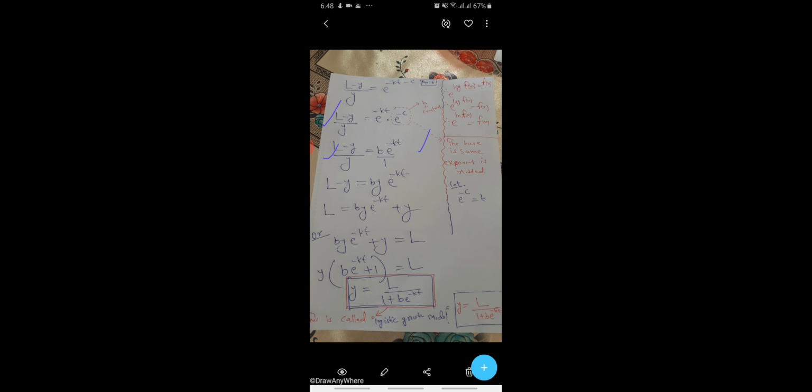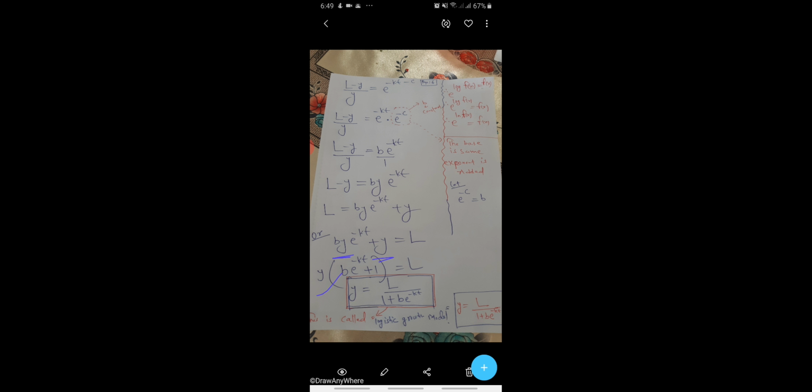Now cross multiplication: this y will go to this side, and it becomes b e power minus Kt, and here is L minus y. So this minus y goes to this side, it becomes positive. So what we have is this one equal to L. Just change the location only: y times b e power minus kt plus y equal to L. And as you can see, here is y, so we can take y as a common.